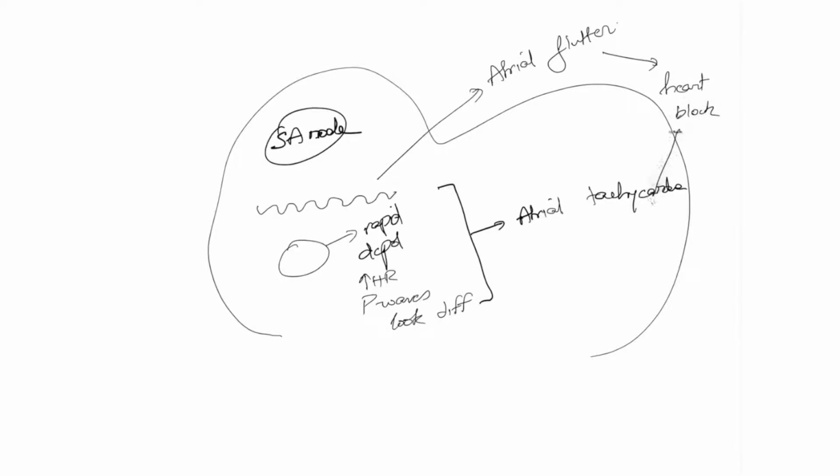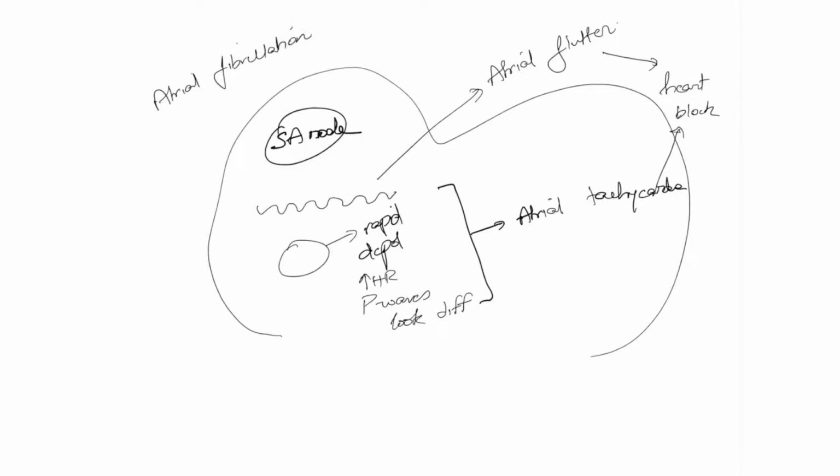We'll talk about heart blocks later on, but essentially think about it as you might see multiple P waves, but not every one is followed by ventricular depolarization. So not every one has a QRS complex. And lastly, the atrial activity might be totally haphazard, and you might not really see any P waves whatsoever, and that would be atrial fibrillation.